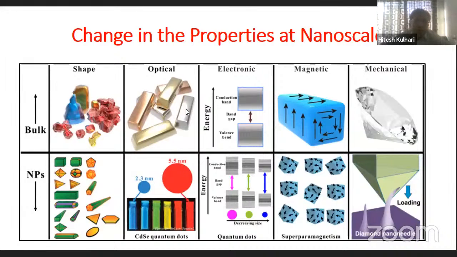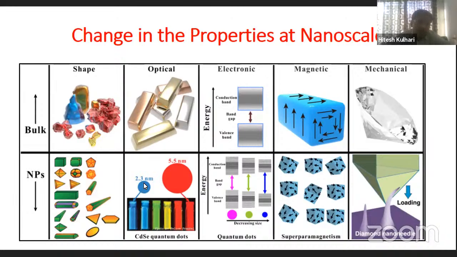Second is the optical property. The optical properties of the bulk material and the nanoparticles are totally different. Just now we saw the example of gold nanoparticles. Similarly, here is the example of cadmium selenide quantum dots.